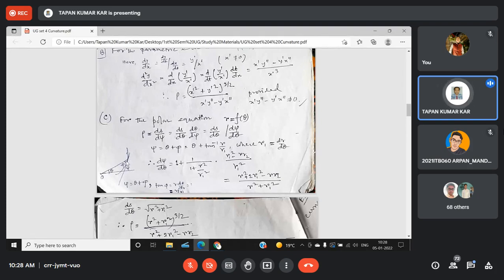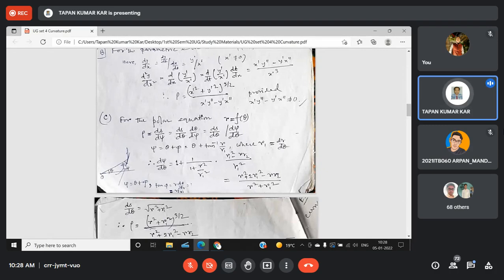If you look at this curve, this angle is theta, r theta curve, and this angle is phi, and the tangent makes the angle psi with the horizontal axis. So it is the external angle.